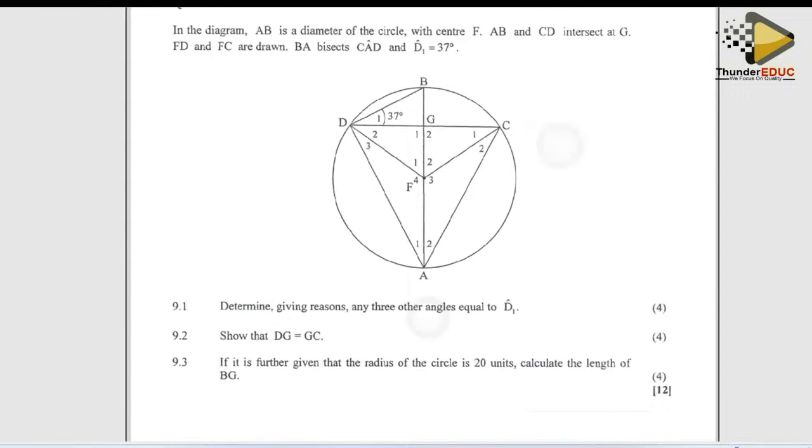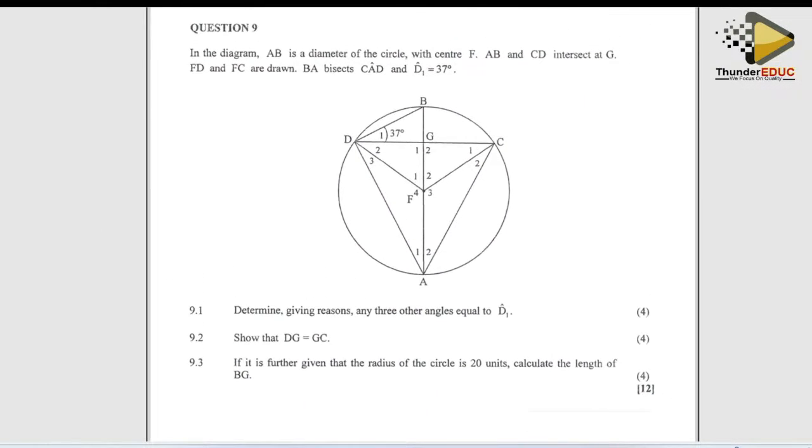Question 9, in the diagram AB is a diameter, okay, with center F. AB and CD intersect at G. FC are drawn. BA bisects, okay. So that word is crucial. And then they want us to determine, giving reasons, any three angles that are the same as D. Okay.